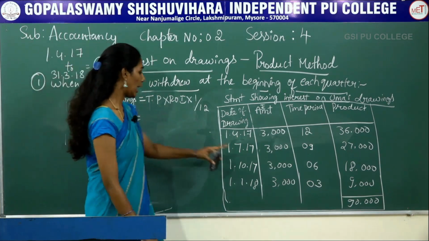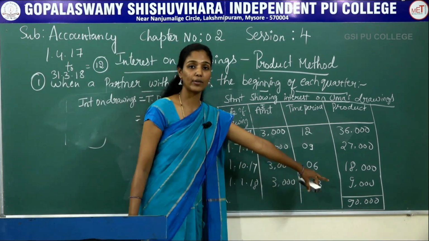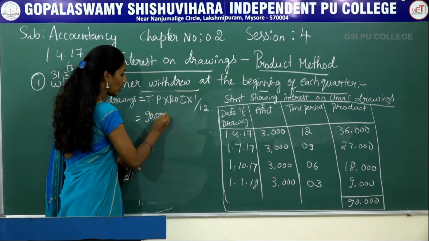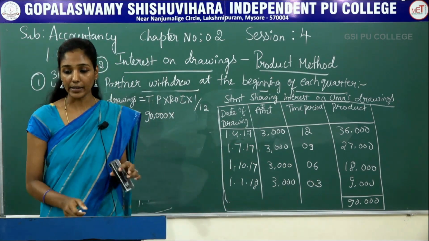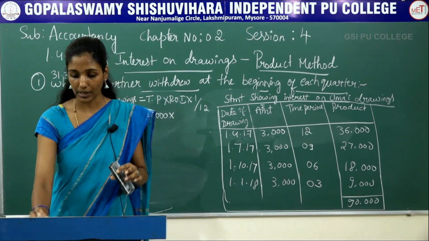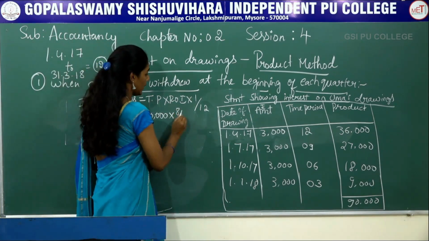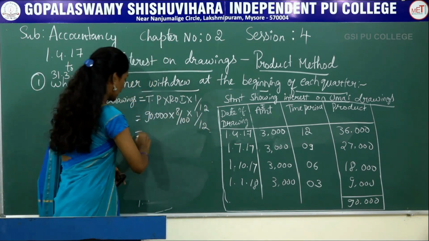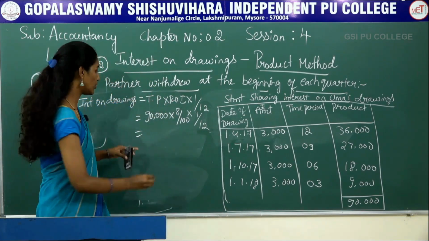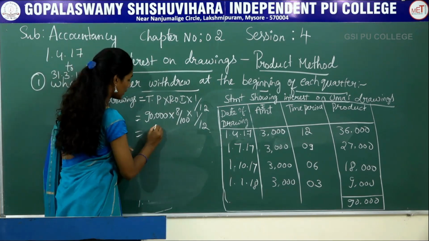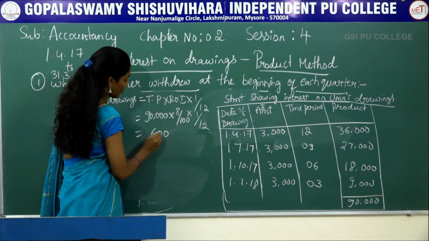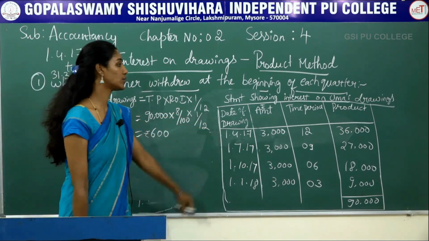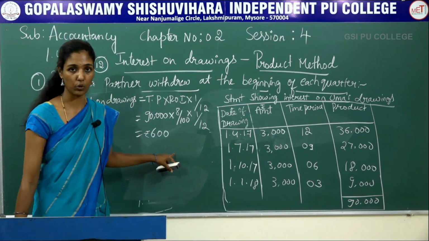So here, as you all know, the total product will be 90,000 and rate of interest is given in your problem, that is 8%. 8 divided by 100 into 1 by 12. Then the interest on drawings is 600 rupees. So now the interest on Uma's drawings will be 600 rupees.